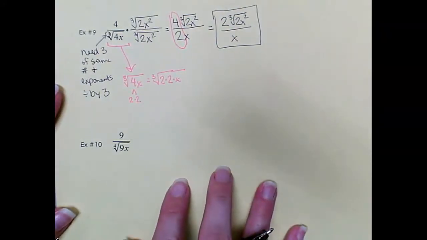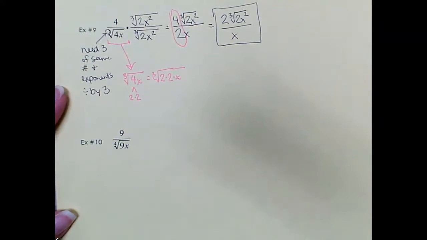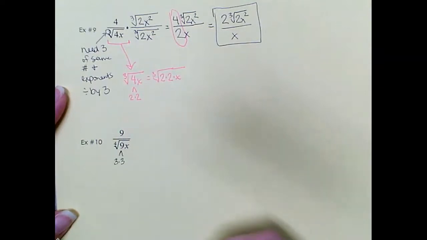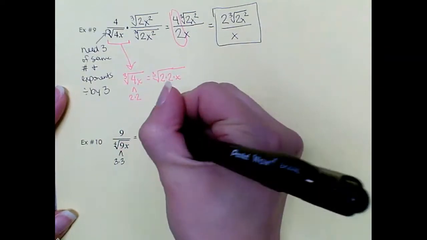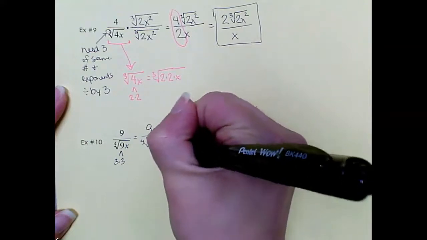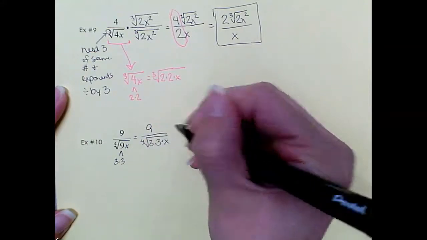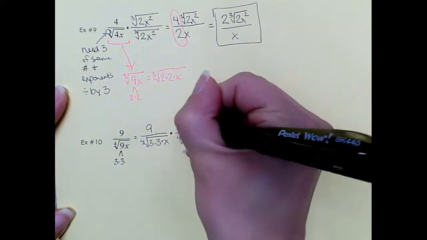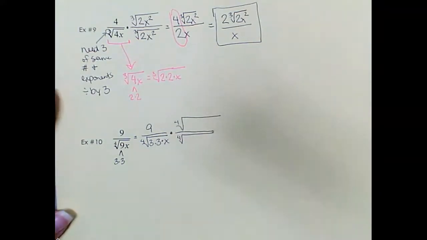Okay, last problem, number 10. Number 10, I'm going to break this up a little bit. This is a 3 times a 3. So what this really is 9 over the 4th root of 3 times x. So what I need is to multiply this by a 4th root of something that will make it perfect.